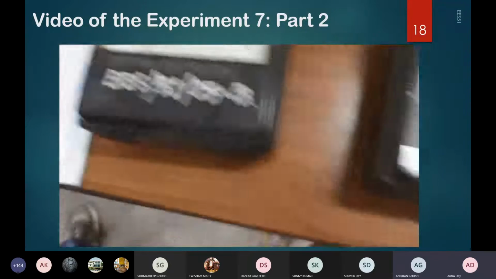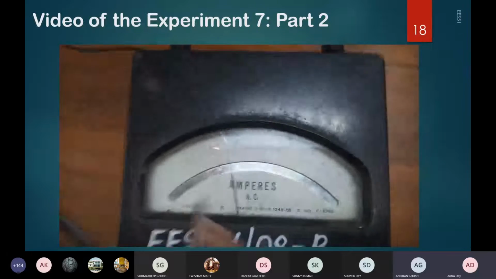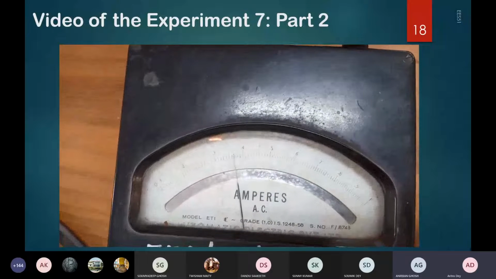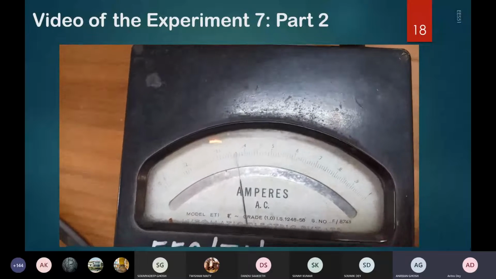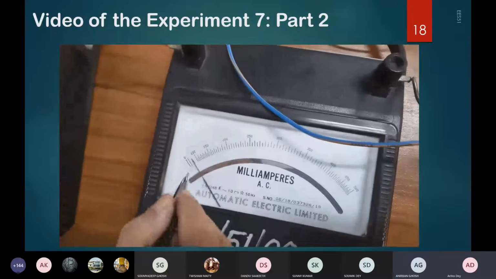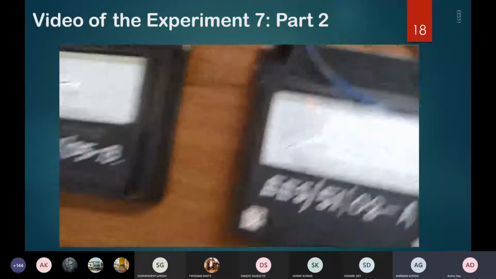Then we take the reading for the tungsten, which is 0.37, and for the carbon it is clearly 50.